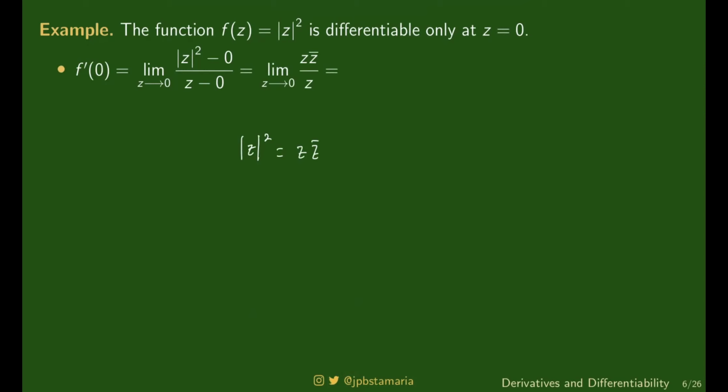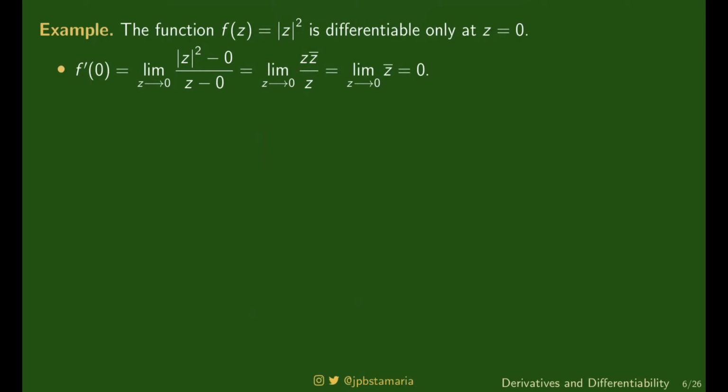So, I could cancel the two z's. Like so. Kasi si z hindi naman zero yan eh. Pero pwede nyo i-divide because z only approaches the value of 0. So, may iwanan na z bar. And because z bar is continuous everywhere, ano yung limit niyan? Ang limit niya yung value niya lang, which is 0 bar or it's just 0. So as you can see, the derivative of f at 0 or at the origin is 0.